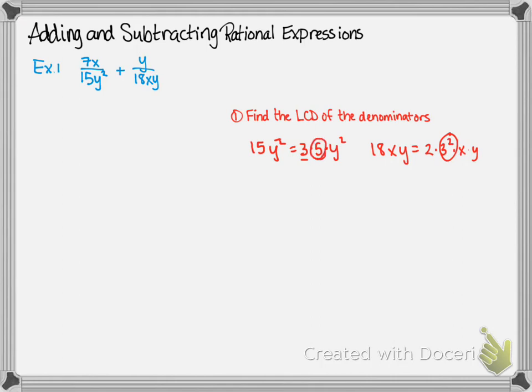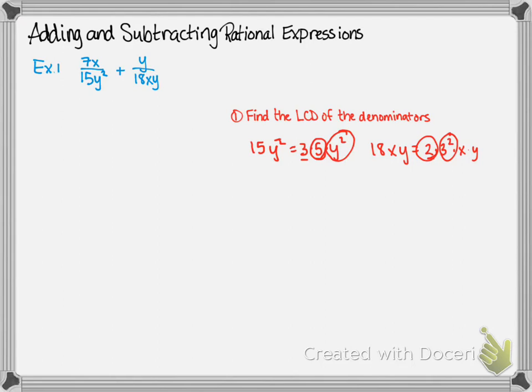Okay, I have a 5 in my 15y squared. I don't have a 5 in my 18xy, but I still need to include 5 in my LCD. I have a y squared, and my 18xy has a y. The y squared has the highest exponent, so I include that. Let's look over at the 18xy factors to see if we've missed anything.